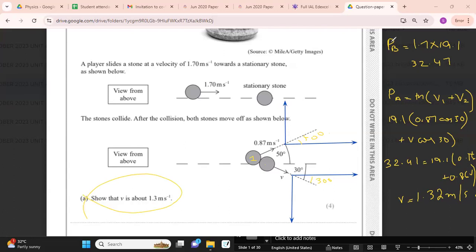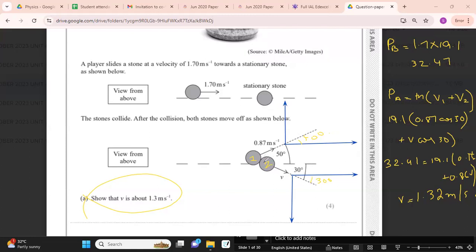This is what momentum in two directions is: whatever momentum is there before the collision, momentum after the collision has to be the same. So over here, we only had to deal with momentum in the horizontal component. In the horizontal component, we can figure out the momentum of object number 1 simply by multiplying the mass with the horizontal component, so 0.87 cos 50.